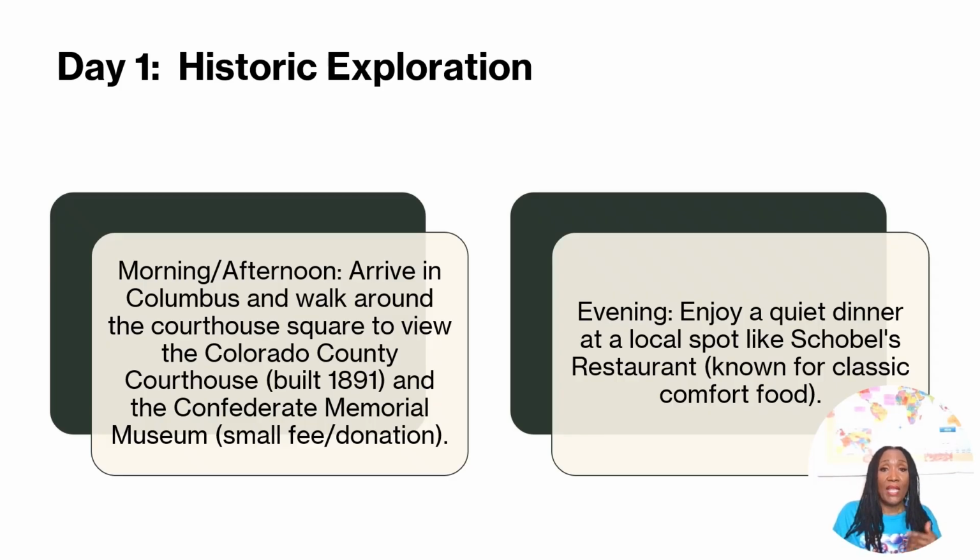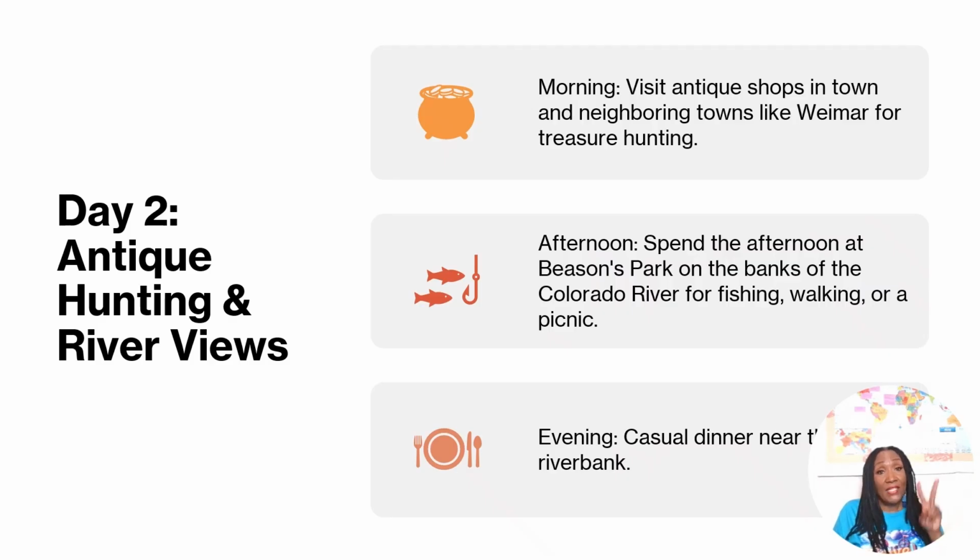Also, you can enjoy a quiet dinner while there. On day 2 of our excursion, we can go antique hunting and can take a walk along the riverbank for a riverbank view. After taking a river walk, we can even dine on the riverbank. How romantic and calming and cathartic is that?